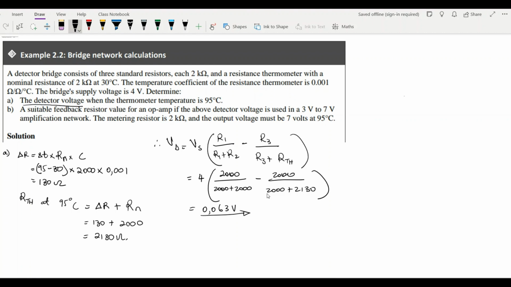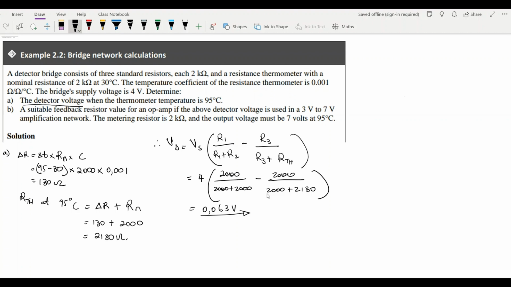And the last question here: they're asking for a suitable feedback resistor for an operational amplifier if the above detector voltage is used in a 3 volt to 7 volt amplification network. The metering resistance in this case would be 2 kilo ohms, and the output voltage must be 7 volts at 95 degrees Celsius.